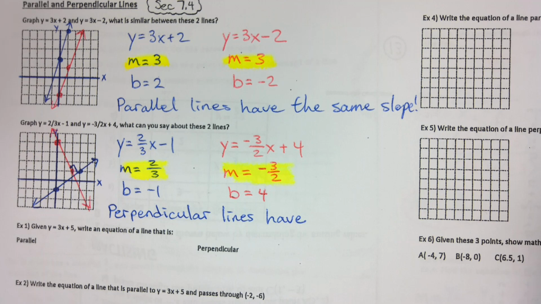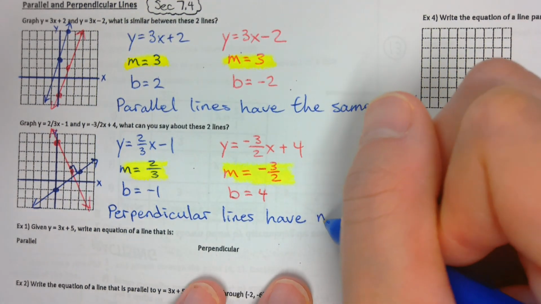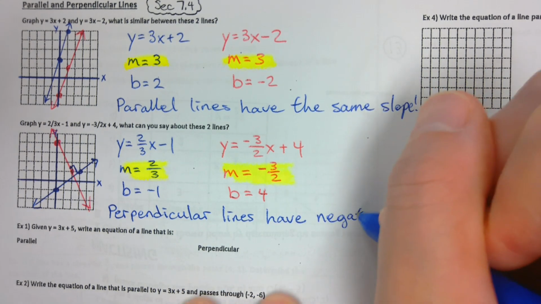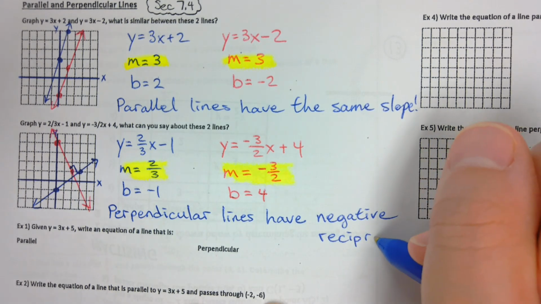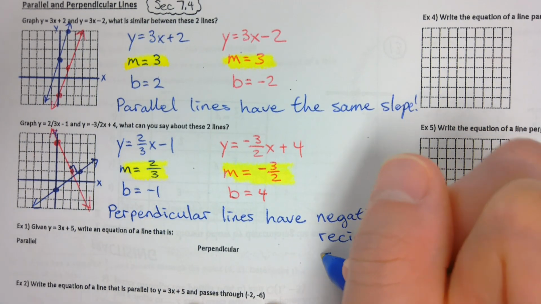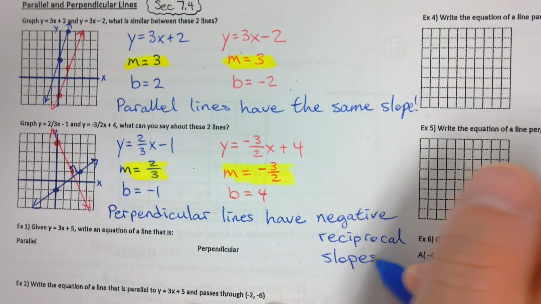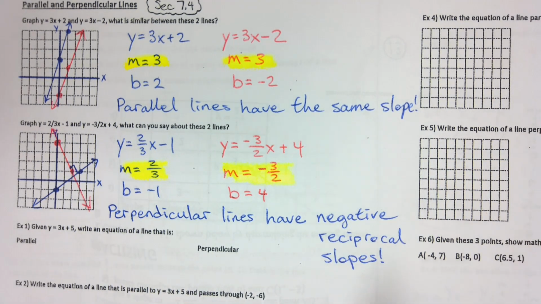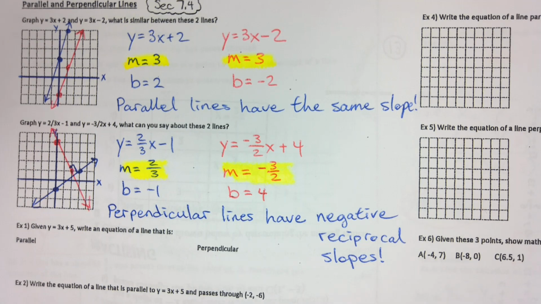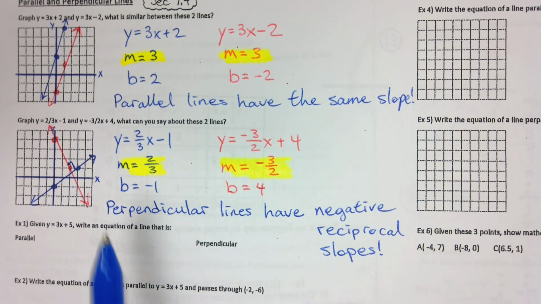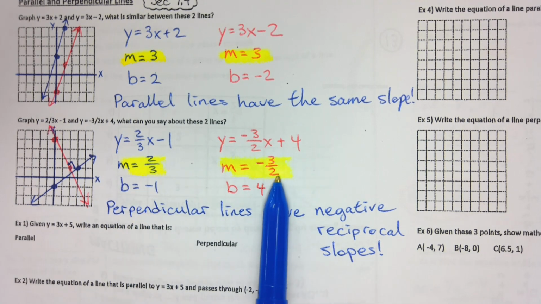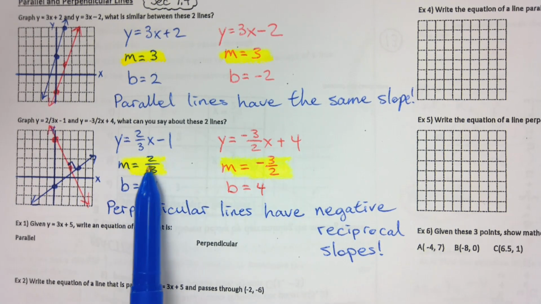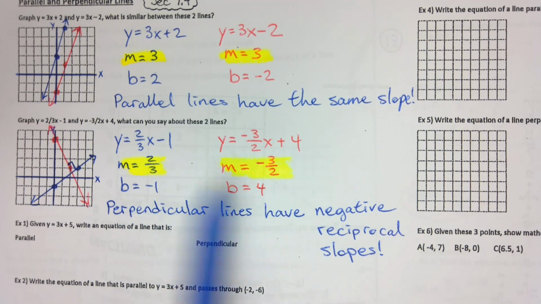When you put something over the top and make it negative, they have negative reciprocal slopes. Make sure you know this word, negative reciprocal. Not just negative, not just reciprocal, but if it's 2/3, after you flip it, it becomes 3/2. Positive becomes negative, negative becomes positive.